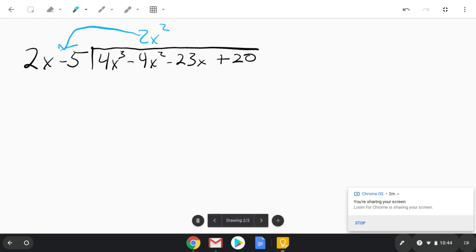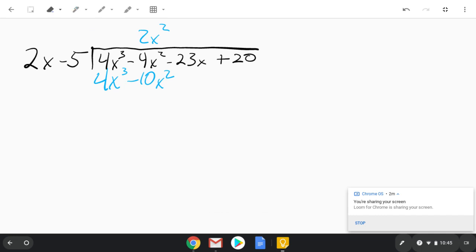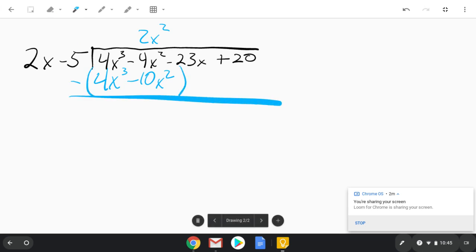So 2x squared times 2x is 4x to the third power. And 2x squared times negative 5 is negative 10x squared. Okay? And then we will subtract the black one from the blue one.